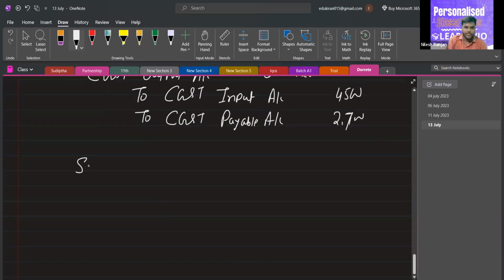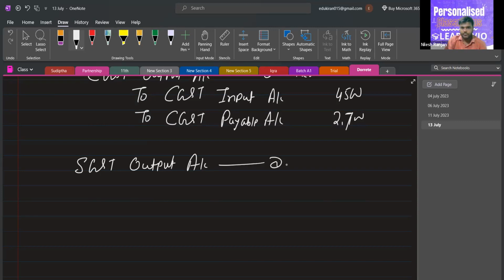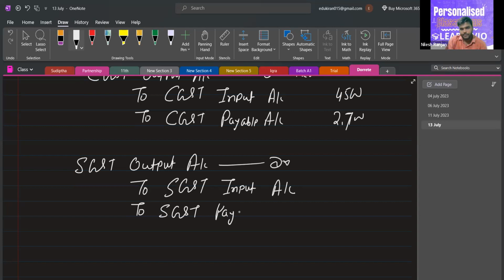So it will be SGST output account debit to SGST input account and then to SGST payable account. 7,200, 4,500 and 2,700.